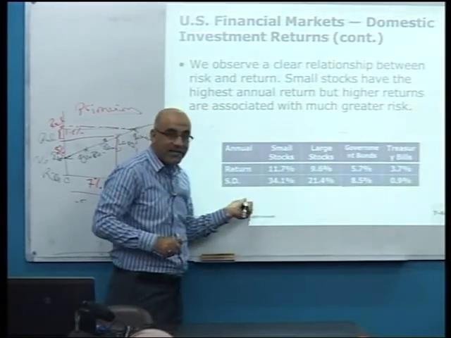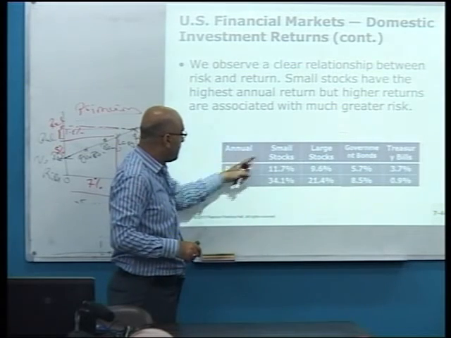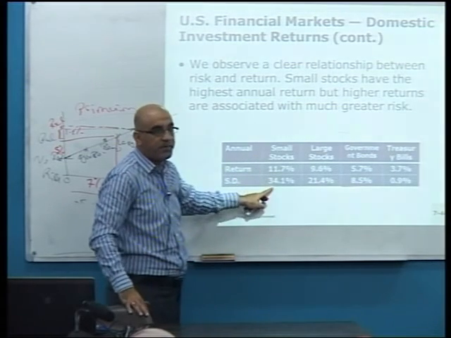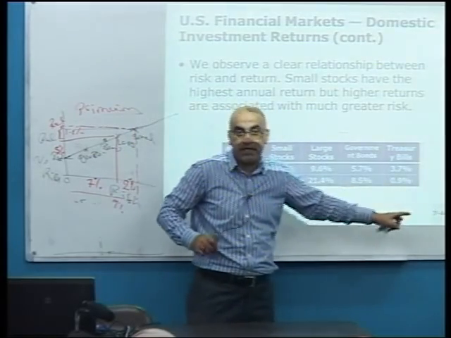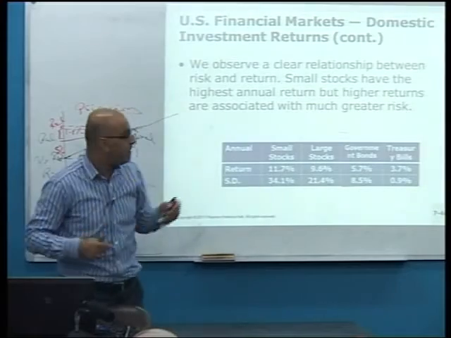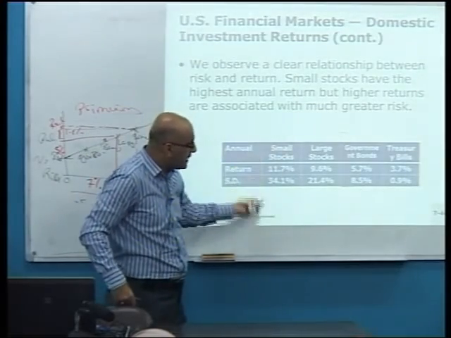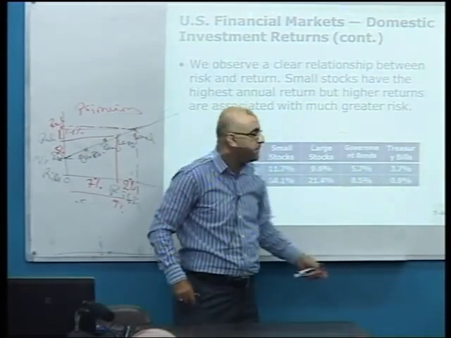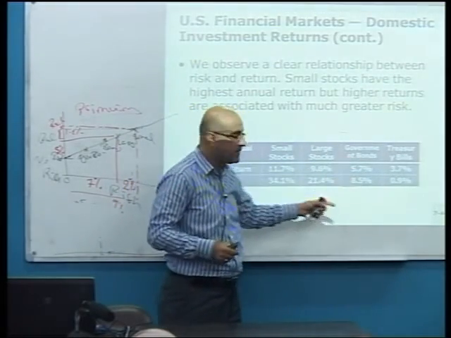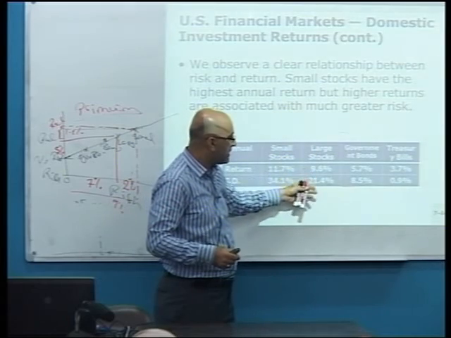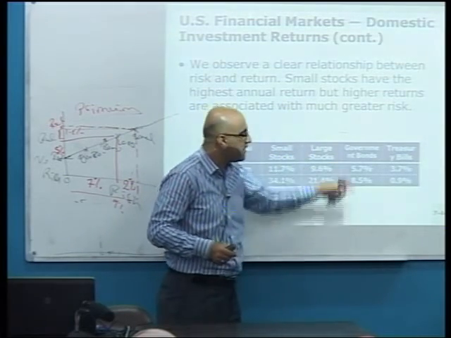But if you look at the risk, the small stocks have a 34% standard deviation, while this one has 0.9%. So the smaller stocks are riskier than the treasury bills. And the same thing if you compare large stocks and government bonds: the large stocks suggest higher return and higher risk than the government bonds.